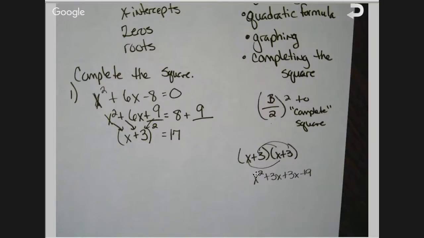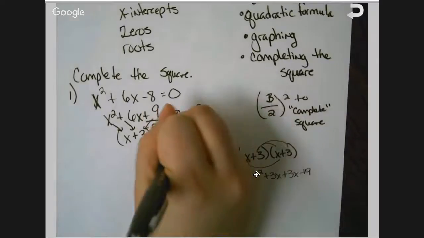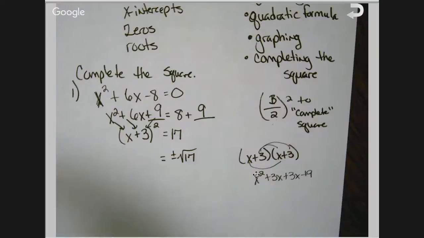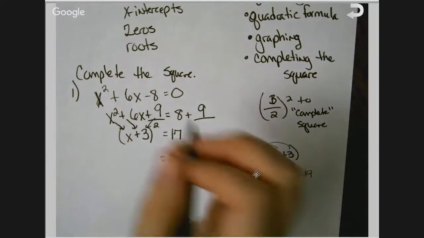What was the first thing we do to solve for x? You square root it first? Yeah, I have to get rid of the squared, so I have to square root both sides. Remember, when we square root both sides, we put a plus or a minus. So plus or minus square root of 17 is what I'm trying to say.